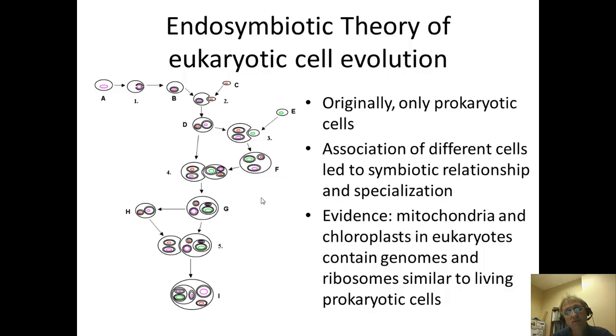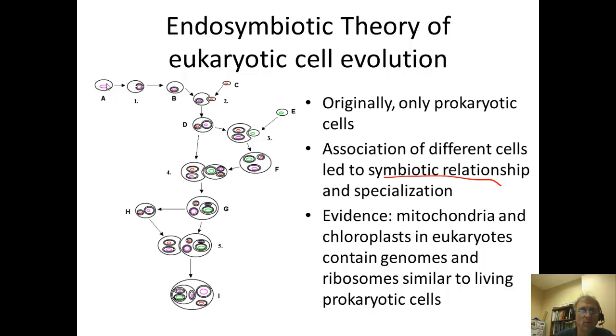What's believed to have occurred during evolutionary history is that at an early point in time there were only prokaryotic cells that did not have any internal membrane-bound organelles at all. And there was an event that occurred at some point during this evolutionary process where two different cells that were able to carry out specialized metabolic reactions began to associate with one another in a symbiotic relationship.